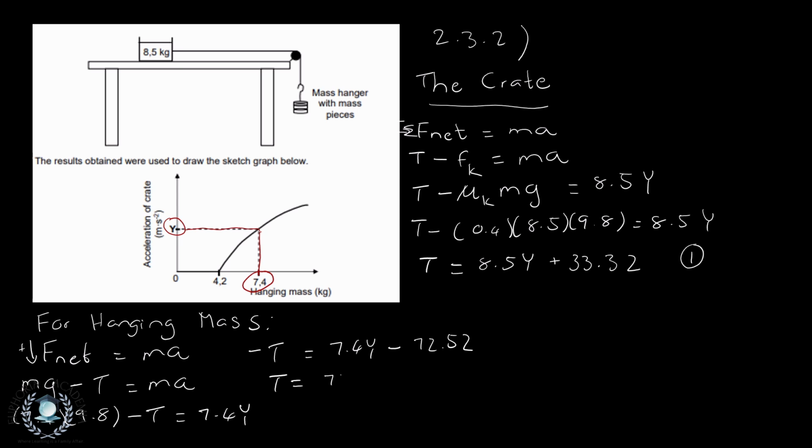That is going to give us T is equal to 72.52 minus 7.4y, and that is going to be equation 2.